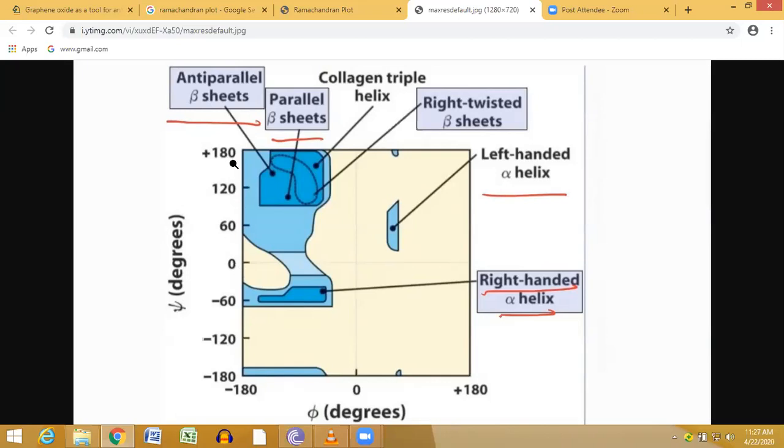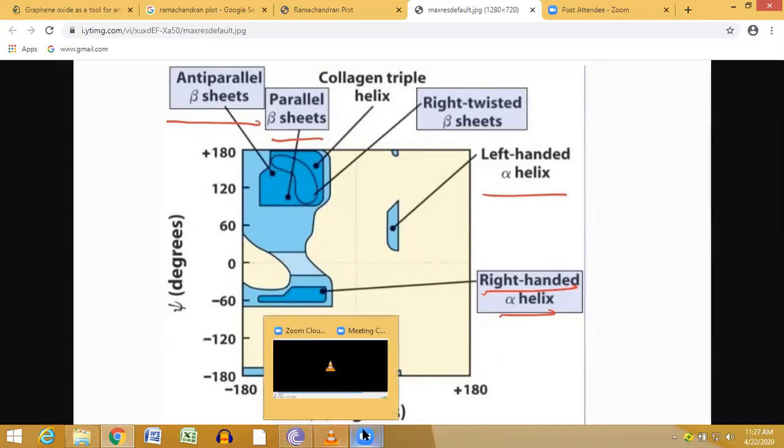So he has taken 180 in the positive direction and 180 in the negative direction. So the total is 360, because the whole rotation for one angle can vary over 360.